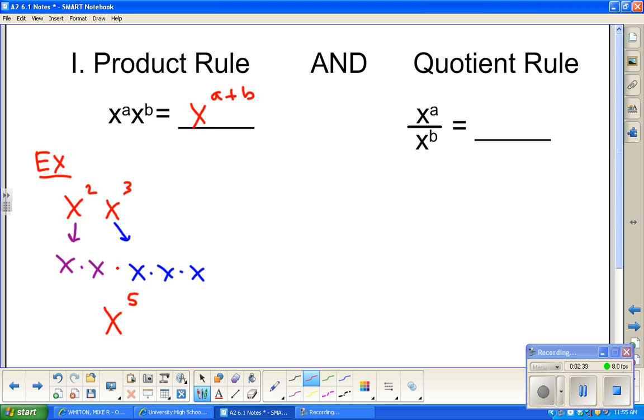Okay, a similar idea works for the divisions or quotient problems. Let's say it's x to the fourth divided by x to the second. Let's say you forget what the rule is here. Expand it out. X to the fourth is this, and x to the second is this.